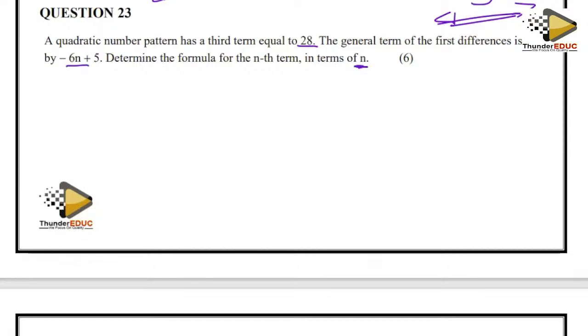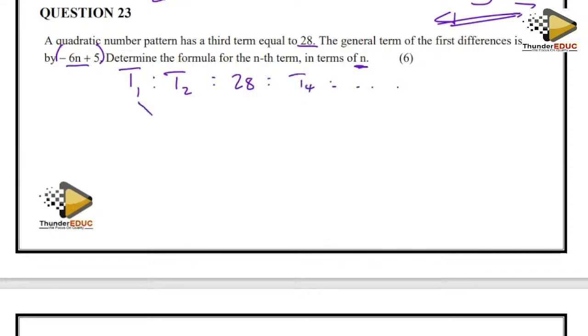So we know that this first differences will be arithmetic, which is true. So let me assume I have my T1 here, my T2, which I don't know, and then my T3, which is a 28, and then I have a T4, and so on and so forth.